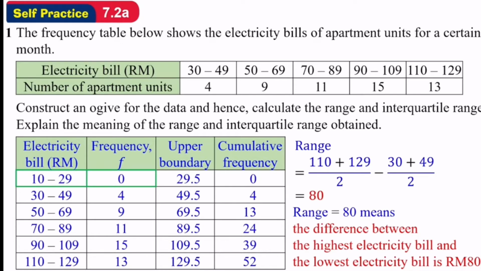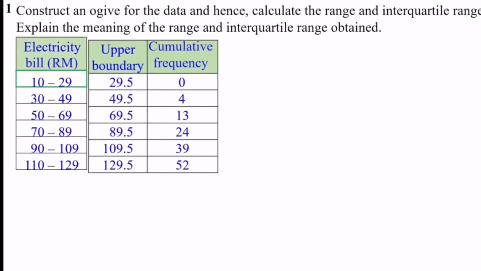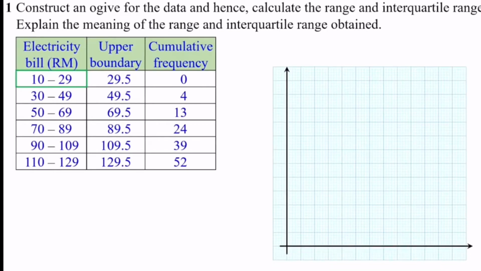So we have constructed the cumulative frequency table and also found the range and explained the range. Now we need to draw an ogive. Let's refer to the cumulative frequency.